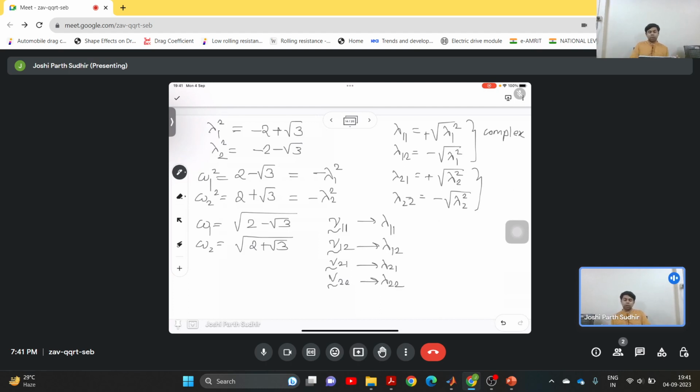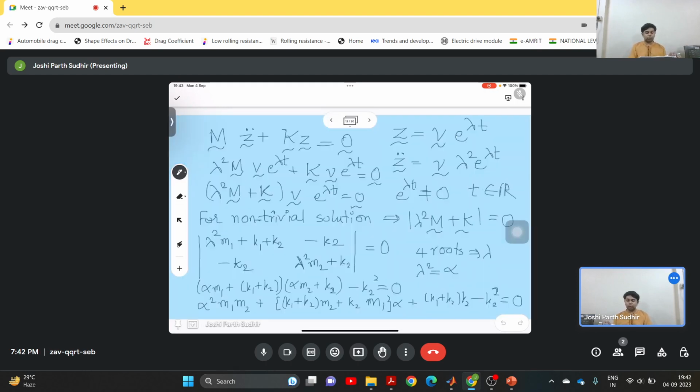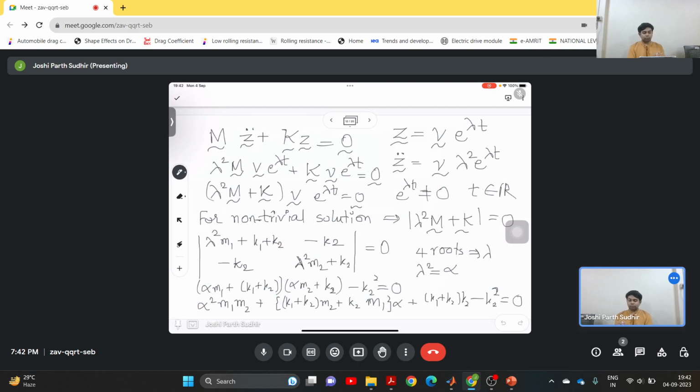So each of these are, let us say, eigenvectors. Now to solve for these eigenvectors, we have to solve the differential equation to find the relation for the eigenvector.